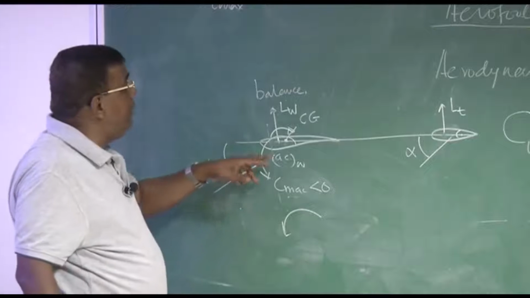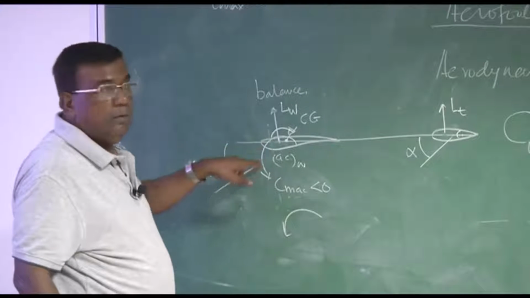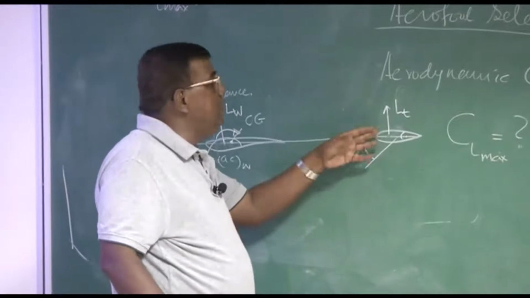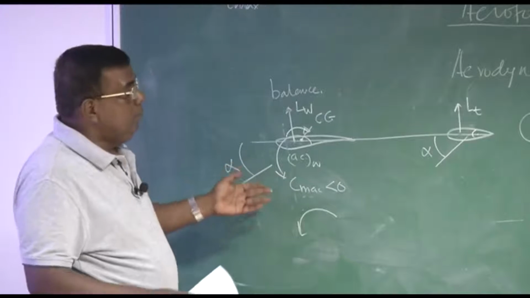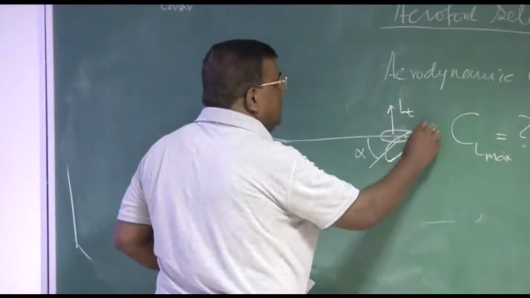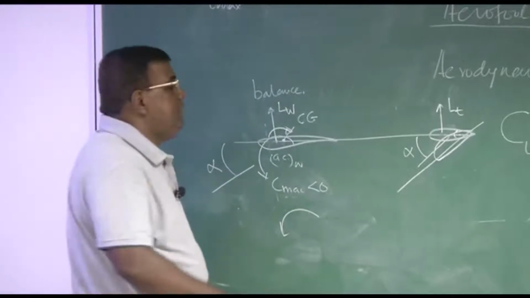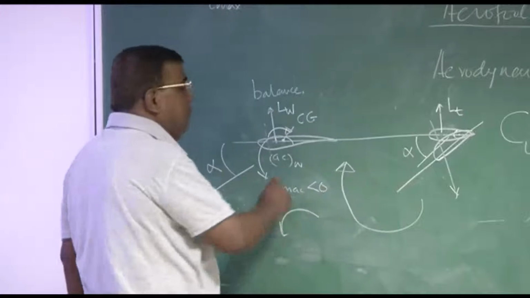But unfortunately what is happening? The CMAC is less than 0, nose down. So any alpha here also gives the nose down. So this will not be able to handle CMAC negative. But you have ways of doing it. We put the tail in a negative setting angle, which tries to give force in this direction, which gives a nose up moment.